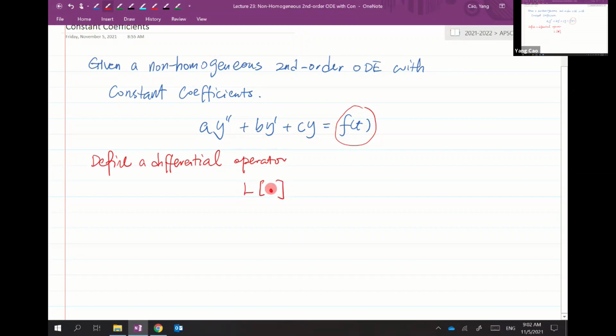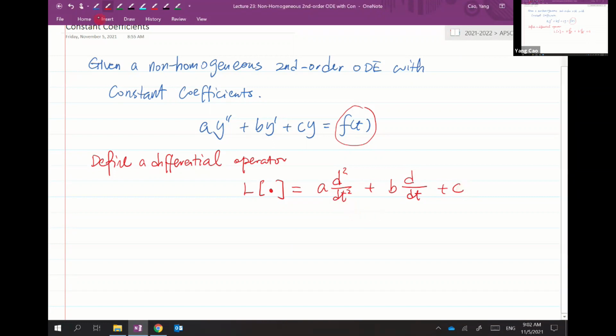An operator just uses a symbol to represent it, then with a bracket, you can put any kind of thing into the bracket. This time the operator is defined as a d squared over dt squared plus b d over dt plus c. I'm defining this operator this way temporarily.